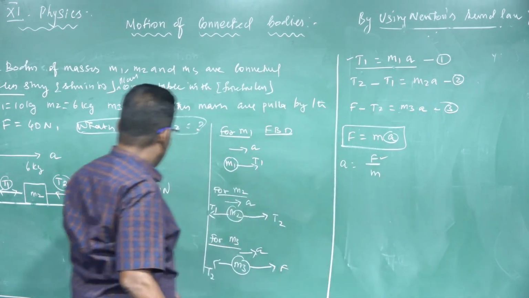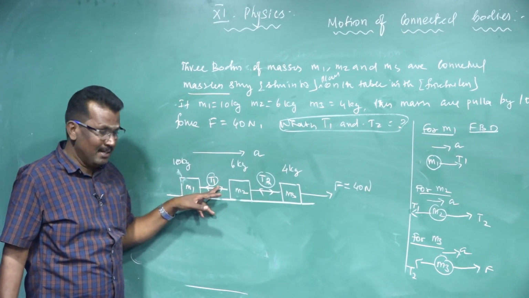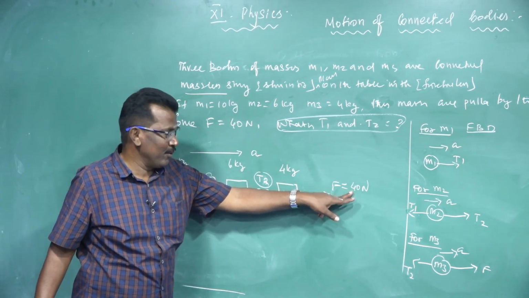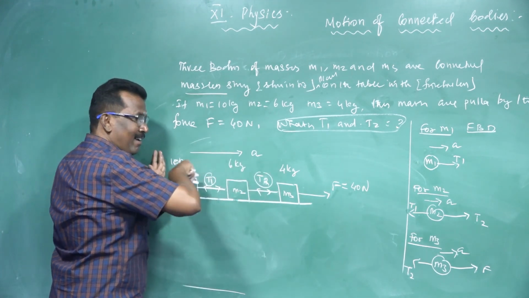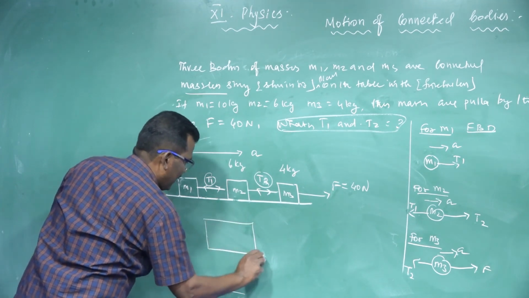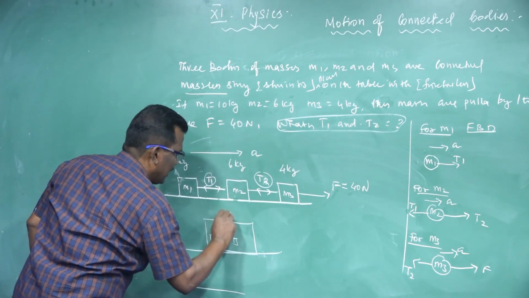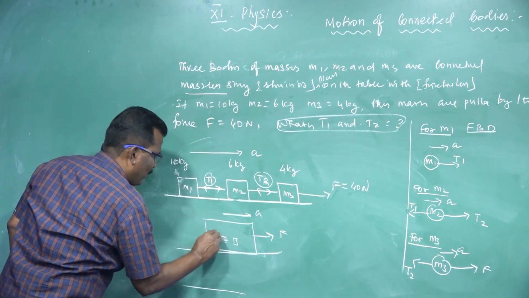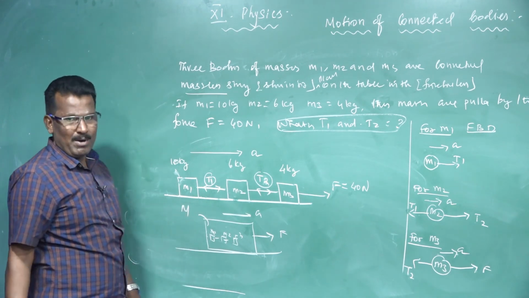We know that all the three bodies are connected by means of a string, pulled by the force F equal to 40 Newton. All the three bodies are acting along only the positive x-axis, so consider all three as one: mass 1, mass 2, mass 3, with acceleration along this force F. So consider it as the net mass of the body.